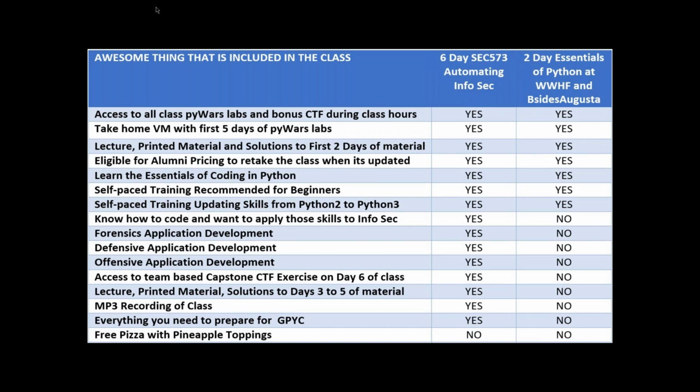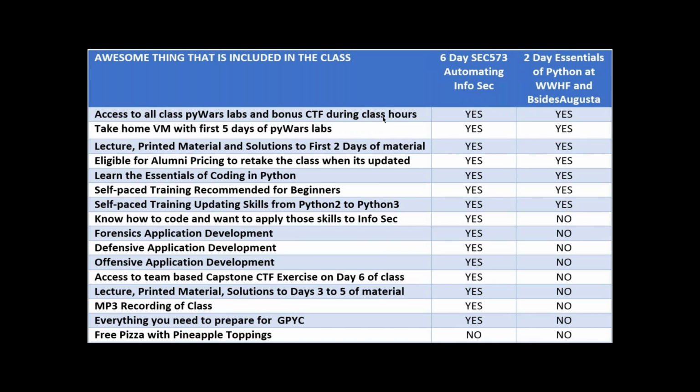So here I've got a chart that breaks down what to expect from the 2 different classes. In both the 6-day class and the 2-day class, you'll get access to all of the class labs, all the pyWars labs, and the bonus CTF material. There are close to 90 pyWars challenges that you'll have access to during the 2 or 6 days of class.